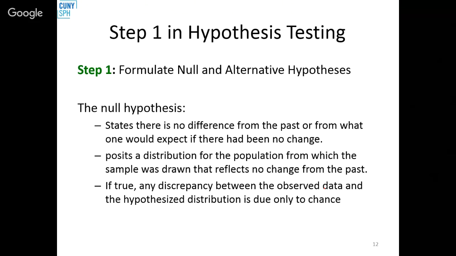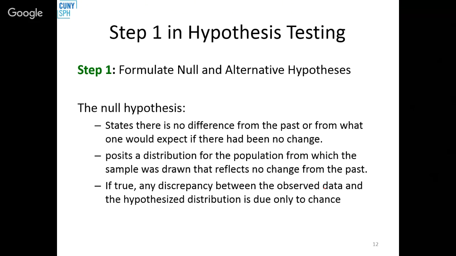Go into these in a little bit more detail. Step 1, the formulation of the null and the alternative hypotheses. Again, the null hypothesis is the hypothesis of no difference from the past or ineffectiveness of your intervention, what you would expect if there is no change as a result of your experiment or the variable you're observing.